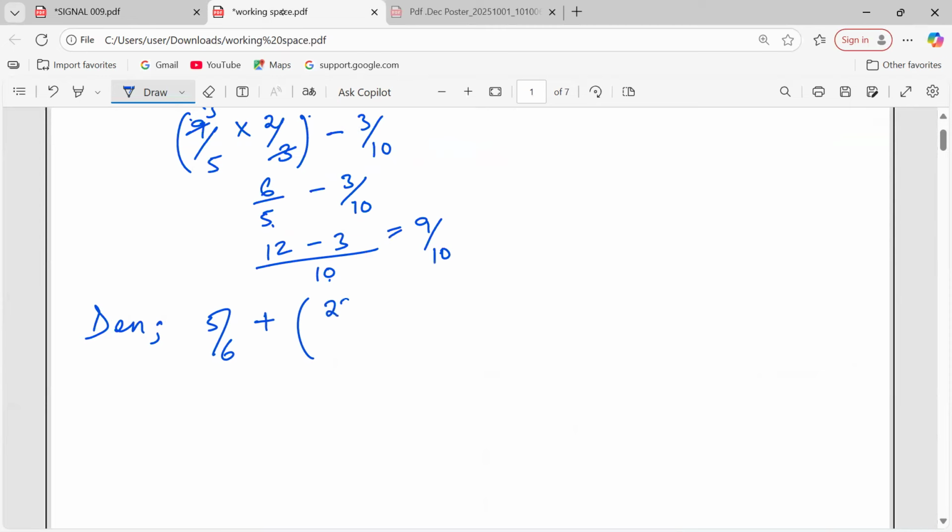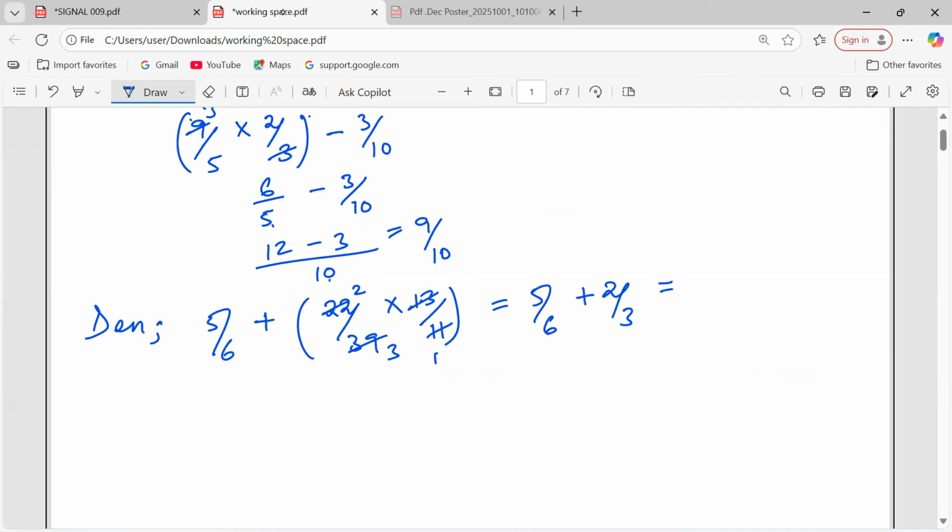So 22 over 39, this should be multiplied by 1 and 2 over 11, that can be converted to 13 out of 11. Now 13 is simplifiable: 13 into 13 gives 1, 13 into 39 gives 3, 11 into 11 gives 1, and 11 into 22 gives 2. So this is 2 over 3. Now we shall be having 5 out of 6 plus 2 over 3.